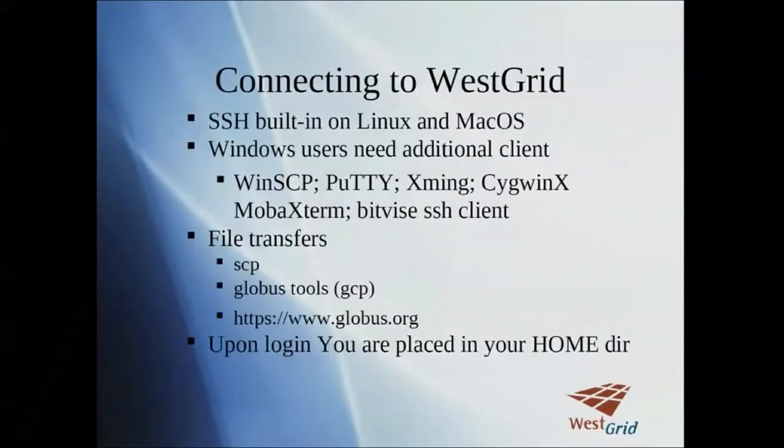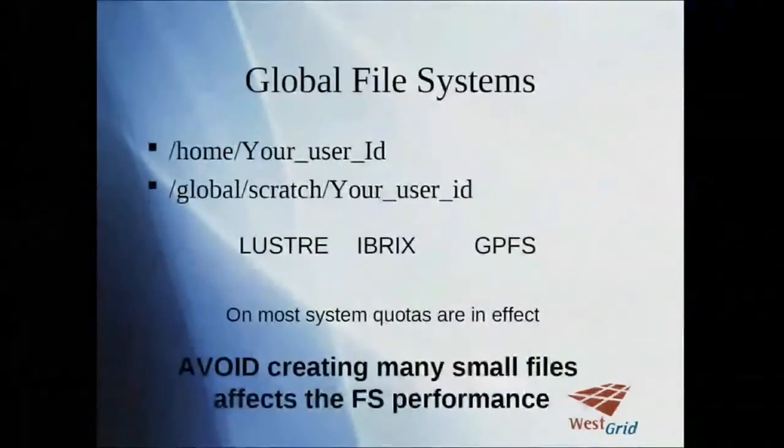So when you log into the system, you will be placed in your home directory. This brings us to the issue that right now you are sitting on a global file system which is native to the cluster you are working with. Across WestGrid, we are using 3 types of global file system.